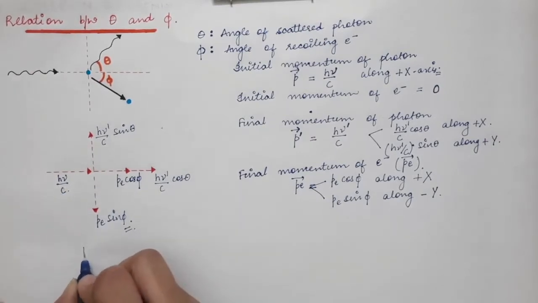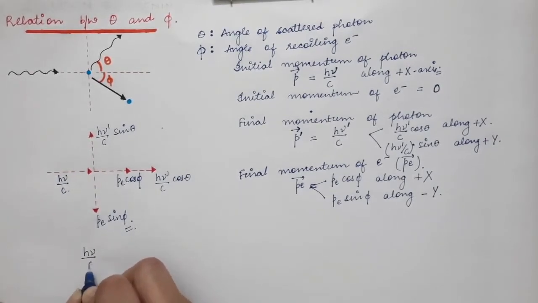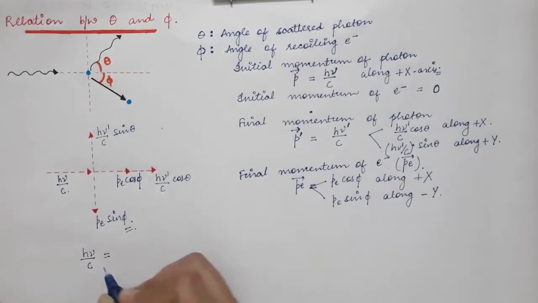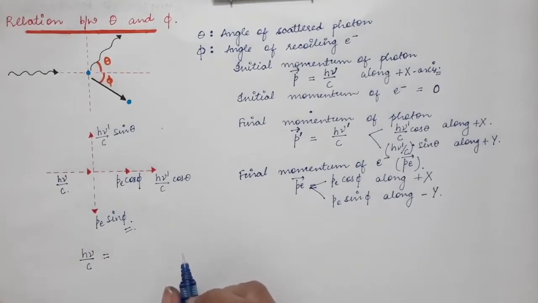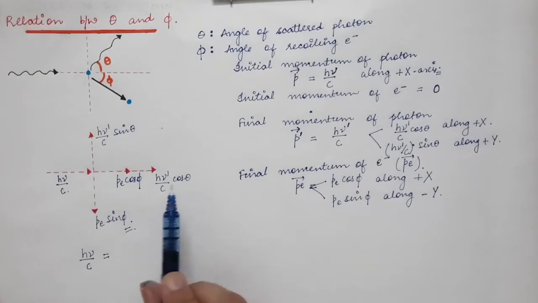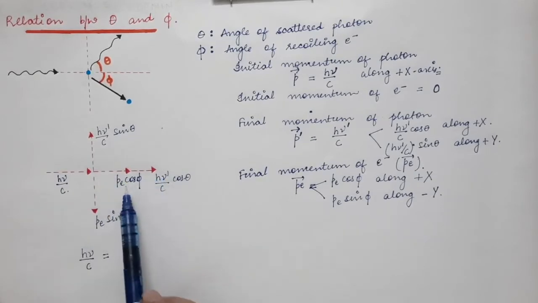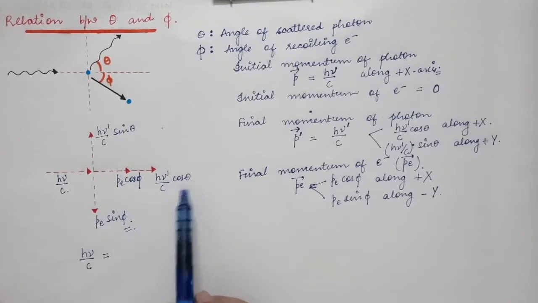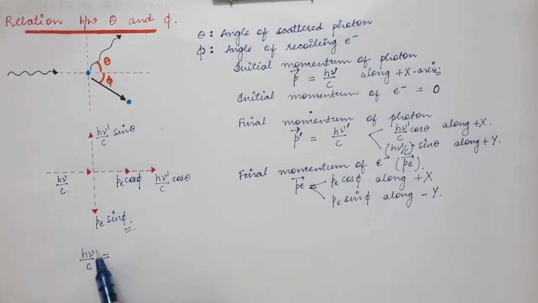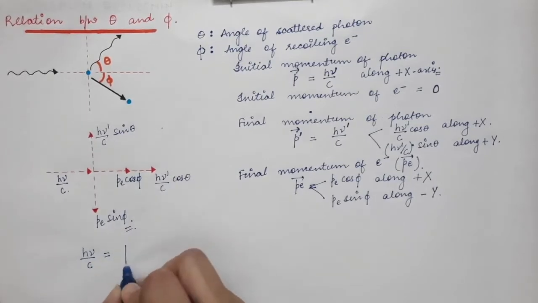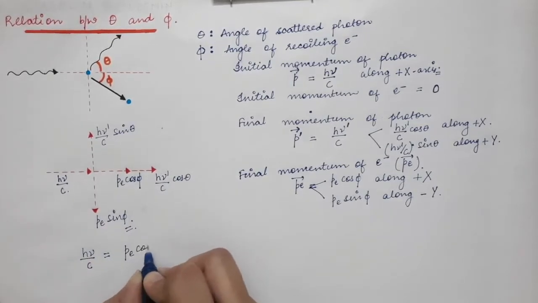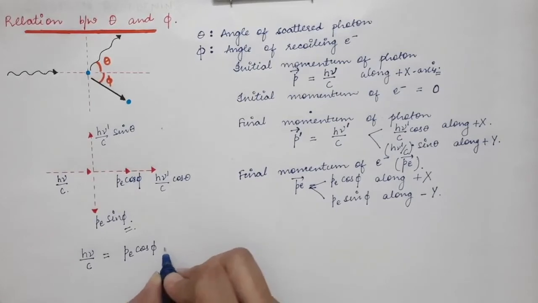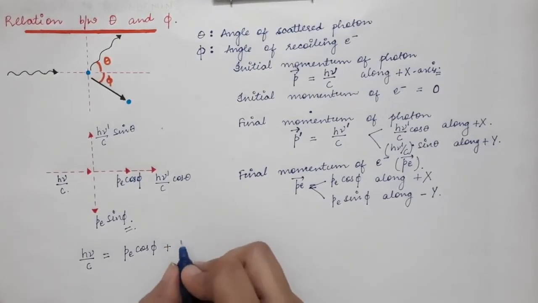So the horizontal component before the interaction is h nu by c, and this must be equal to the horizontal component of the momentum after the interaction. And after the interaction we have 2 horizontal components. One is Pe cos phi and another is h nu prime by c cos of theta. So the initial horizontal component is equal to the final horizontal component of the momentum, and that is this term plus this term.